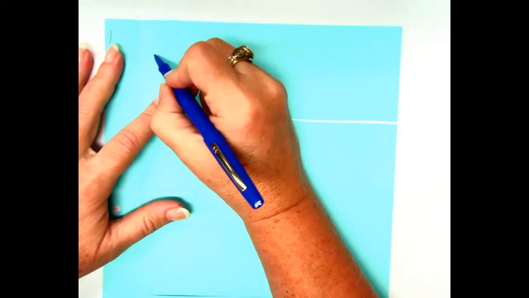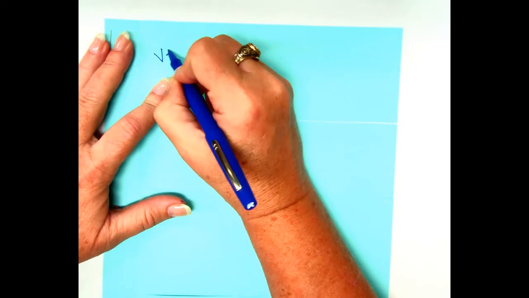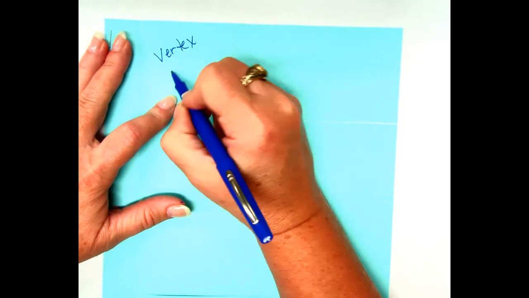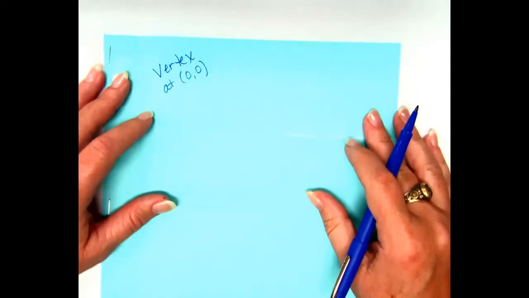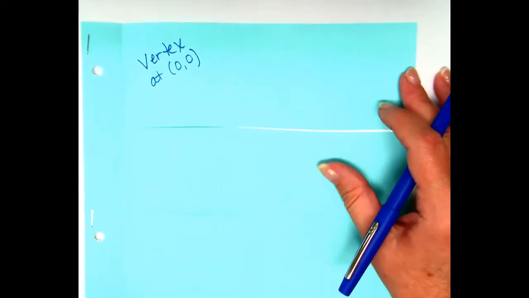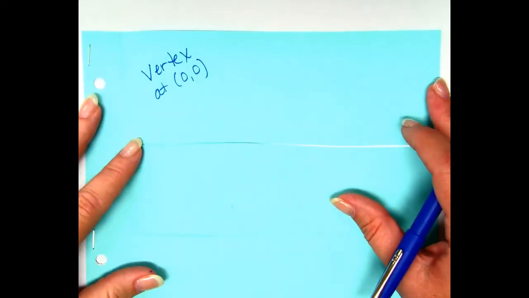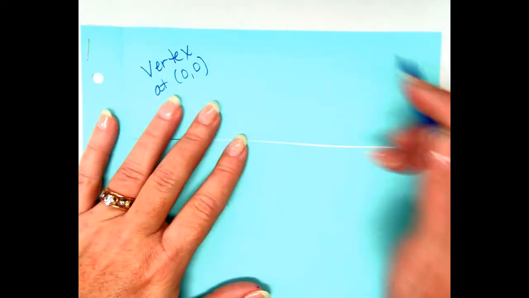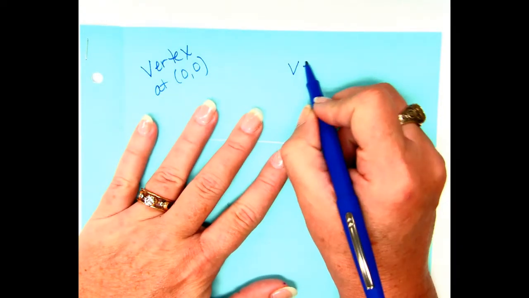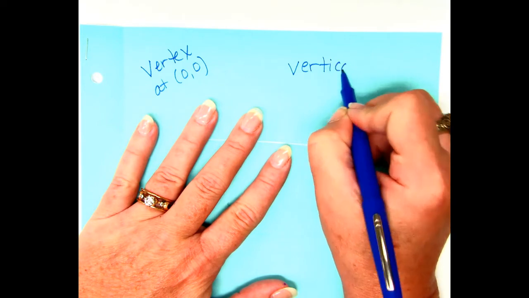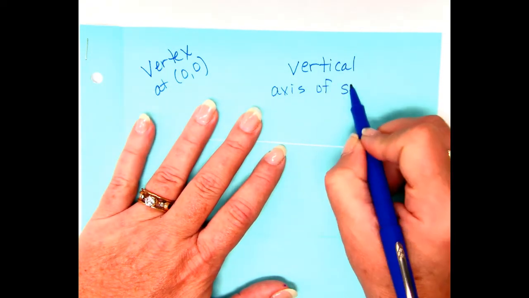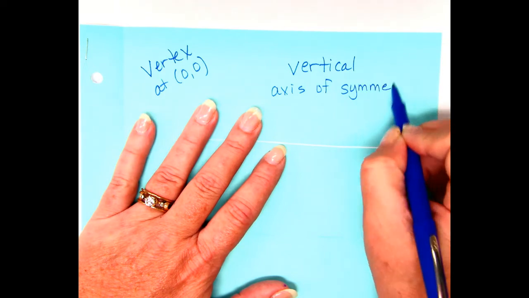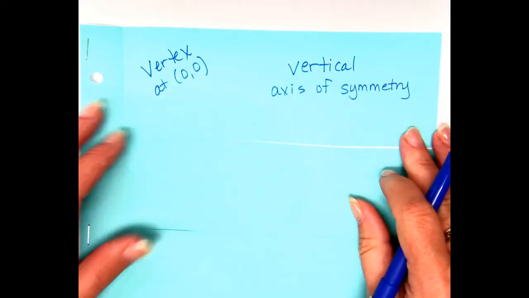Okay, this top section, it has a vertex at 0, 0. Let me zoom in just a little bit more. Vertex is 0, 0. And this particular section talks about a vertical axis of symmetry.